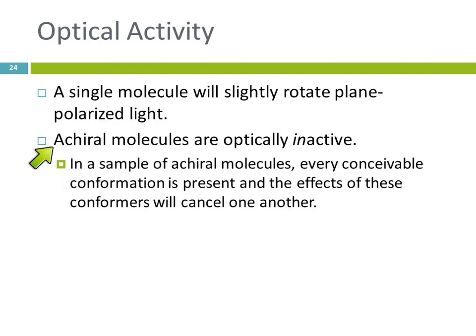Well, I take that back. A single molecule rotates the light, but in a sample of achiral molecules, you've got all these different conformations present, and so they're all going to rotate the light in slightly different ways, and the net effect is that they cancel each other out.